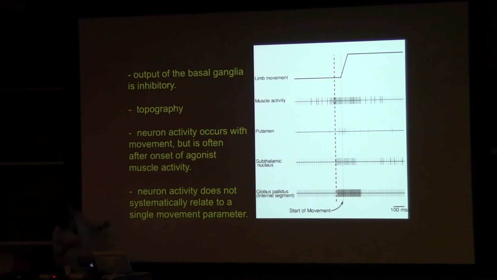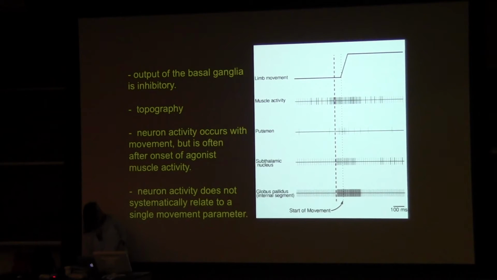So as I mentioned, and I'm going to explain this even further in a few slides, the activity in these structures is a little bit late, and that's what's sort of diagrammed in the cartoon over here. And so what you can see, if this is a limb movement, each of these ticks is meant to signal activity. It would be an action potential in the neurons in those parts of the brain, or in the muscle it would just simply be EMG or activity in the muscle.